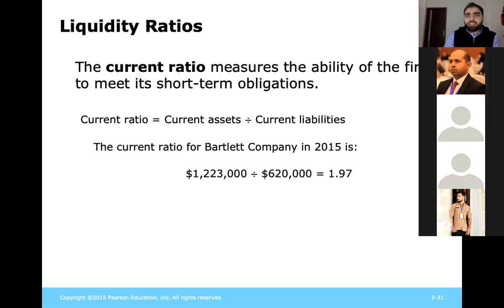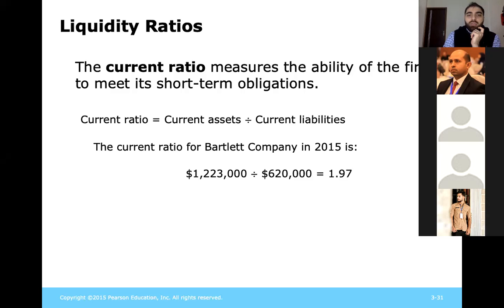Think about the definition. It measures the ability of the firm to meet its short-term obligations. So consider it as 1. If the current ratio equals 1, I can say that the current assets can meet all the current liabilities perfectly.